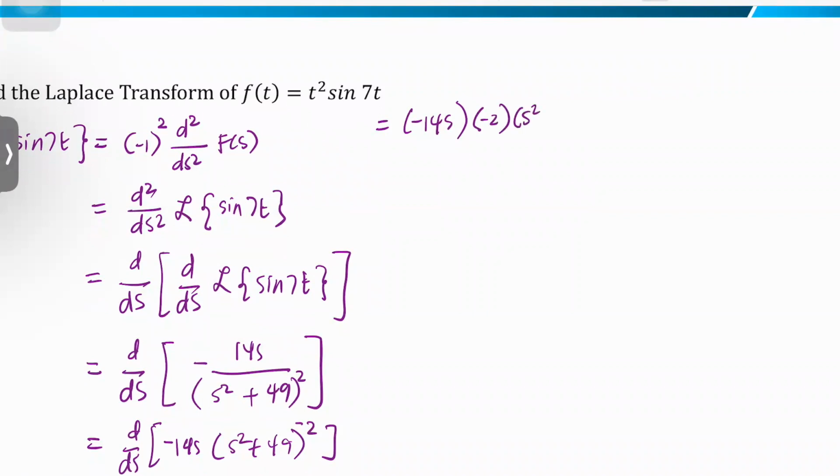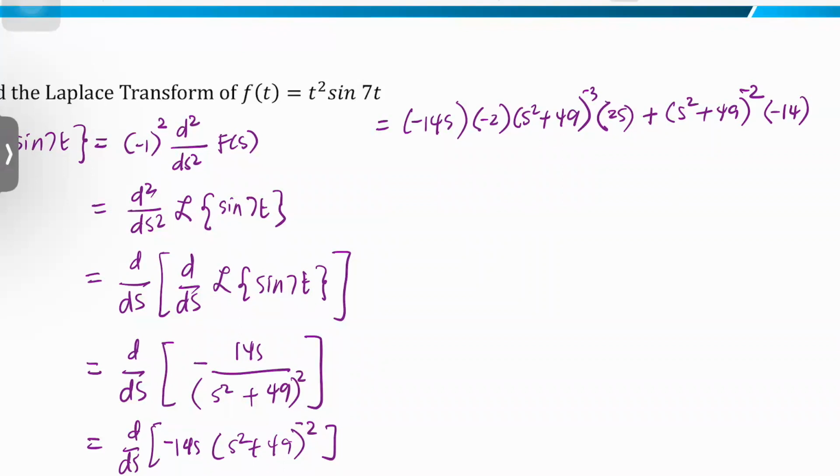We have s squared plus 49, and your exponent becomes negative 3, multiplied by the derivative of s squared plus 49, that is 2s, plus copy the second, which is s squared plus 49 to the negative 2, times the derivative of negative 14s, and that is negative 14.